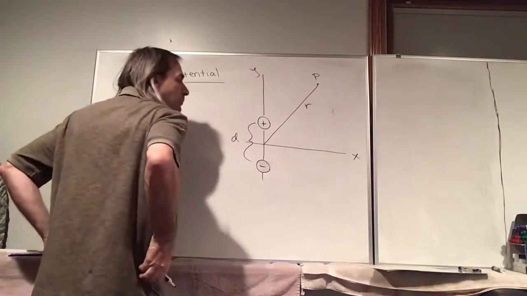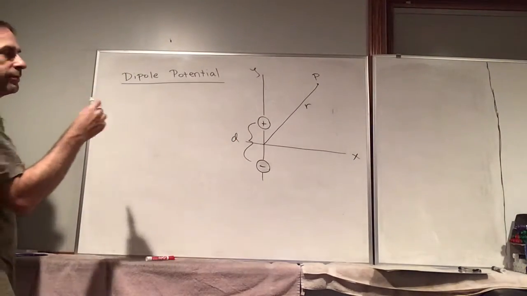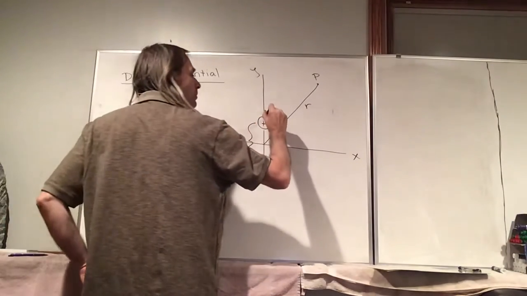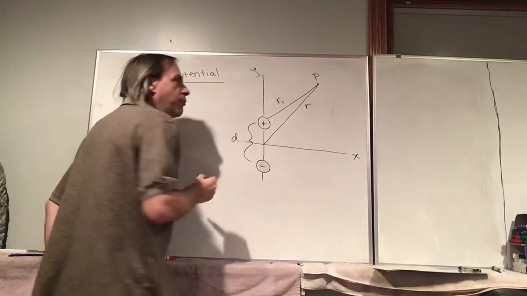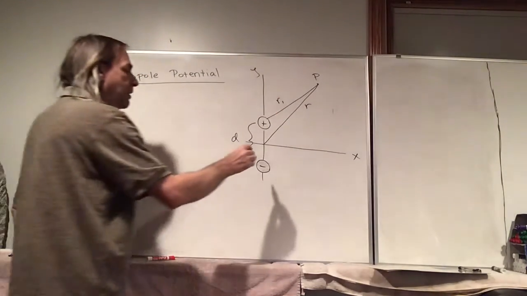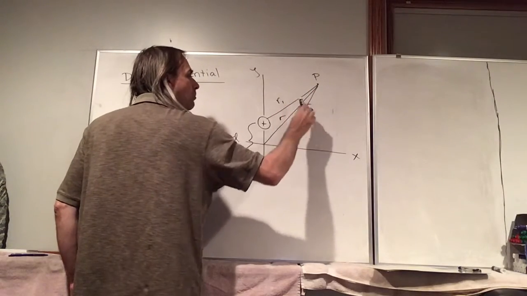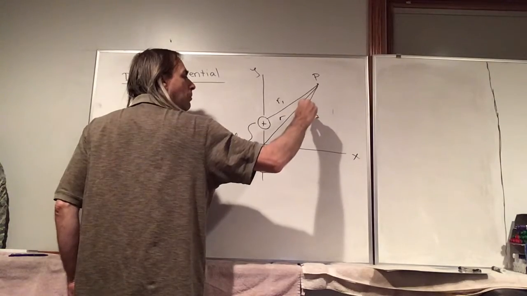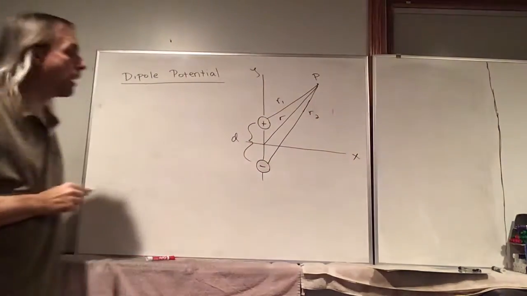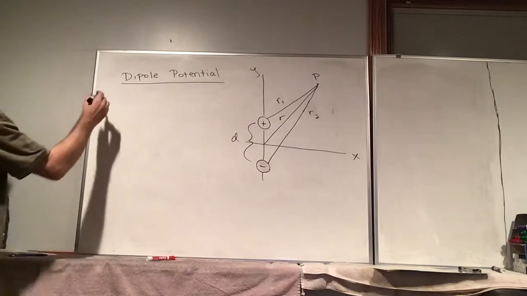Let's call the distance from the positive charge to P r1 and from the negative charge to P r2. Okay, now we can write down the potential very easily.